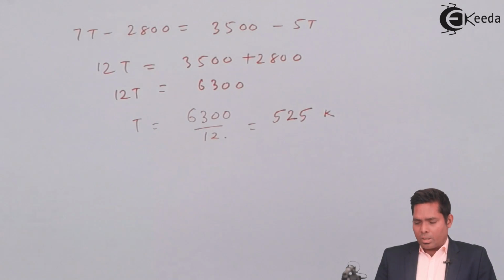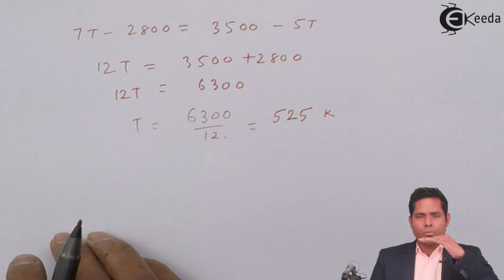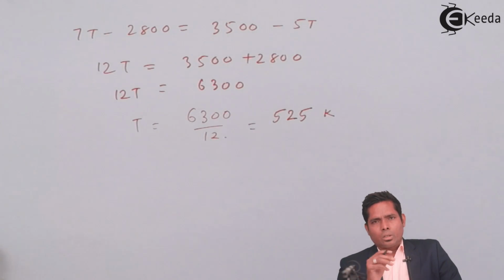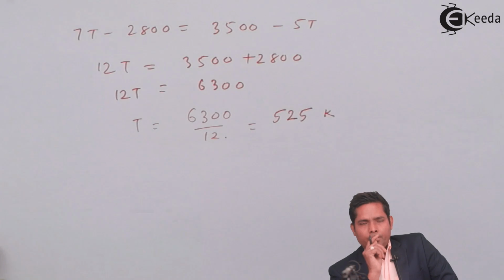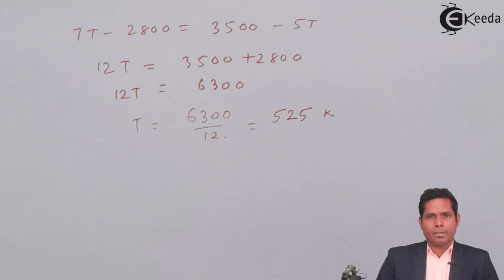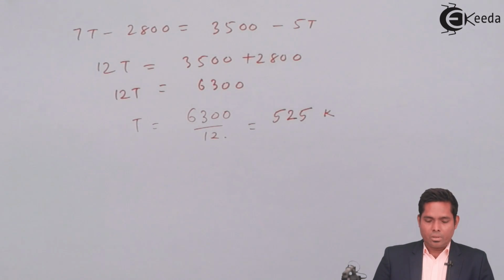So in this situation, when the partition is movable, the compartment is in constant pressure condition, and earlier it was in constant volume condition.